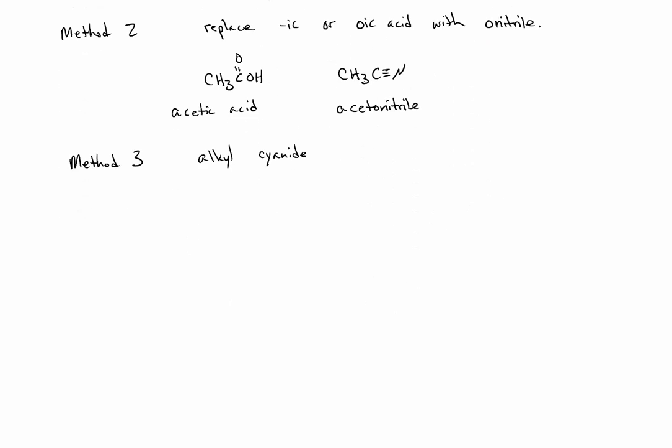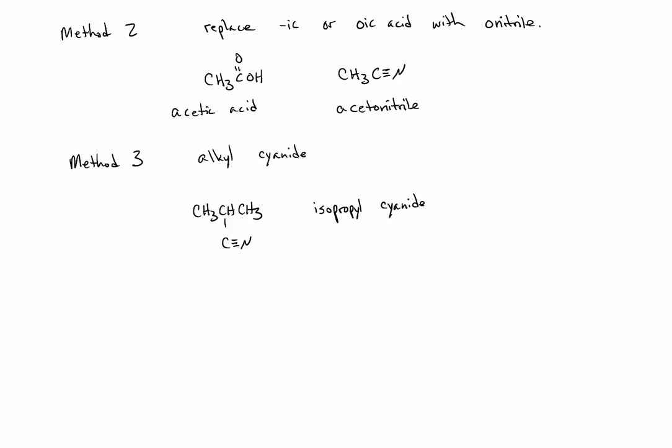It's also acceptable to name nitriles as alkyl cyanides. So by this method, this would be isopropyl cyanide. Please note that there is a space between the alkyl name and cyanide.